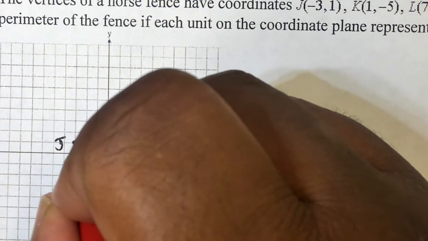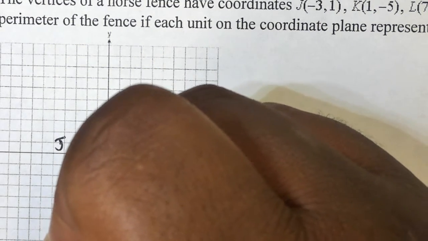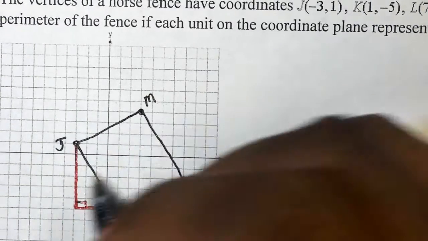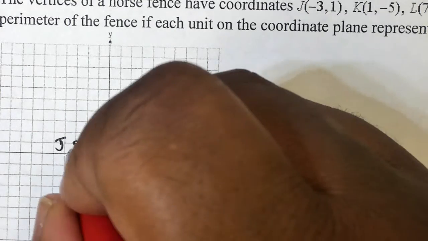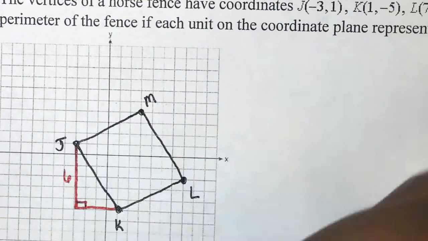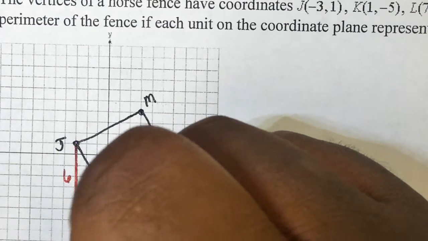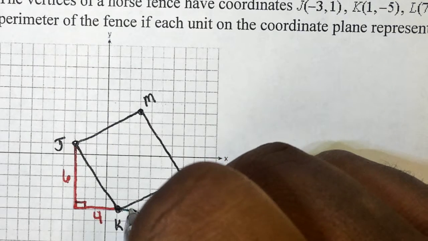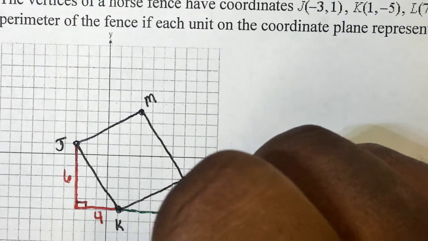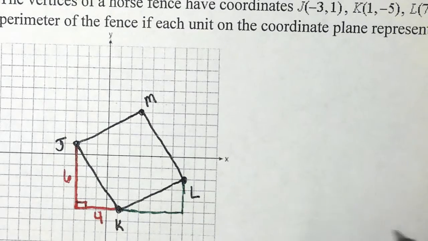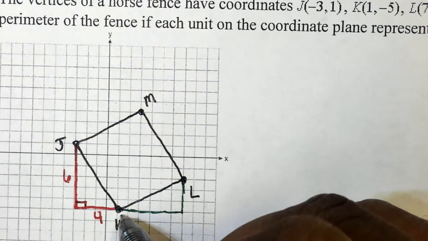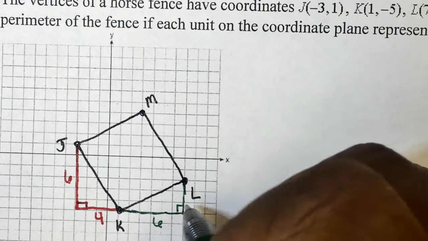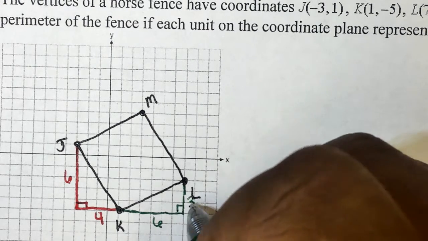I'm going to draw my triangle for JK so I can do Pythagorean. Drop here, come over here, right angle. So my count on JK would be 6 and then 4. And then I'm going to do KL. My count on this one horizontally would be 1, 2, 3, 4, 5, 6, and then going up would be 1, 2, 3.